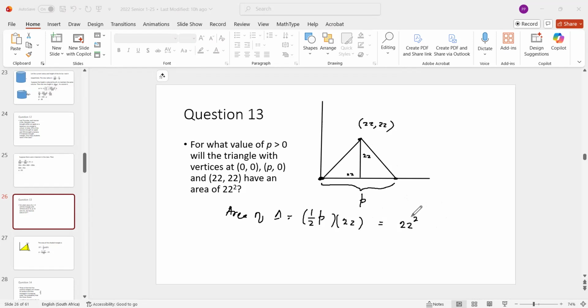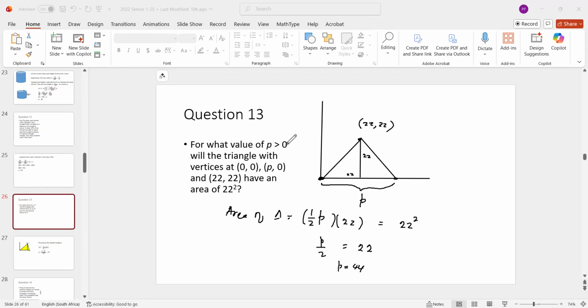Okay, that's very nice because then you can cancel the 22s. So you get P over 2 here. Take off one of these 22s, and you have 22 there. So P is equal to 44. They ask you for what value of P this is.